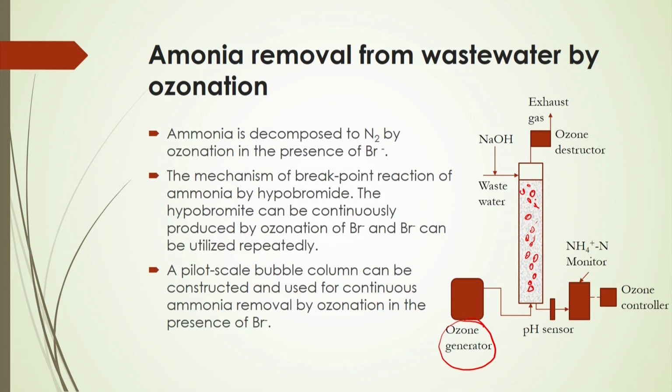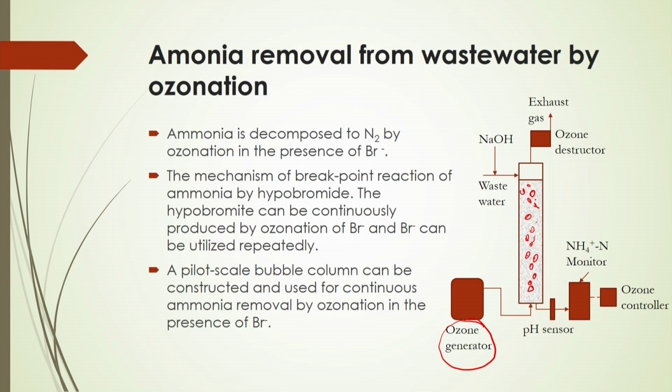So, you have to convert this arsenic 3 to arsenic 5, because arsenic 3 cannot be removed by any adsorption process, whereas arsenic 5 is easier to adsorb on a certain adsorbent. So, generally arsenic 3 is initially converted to arsenic 5 by this ozonation process.